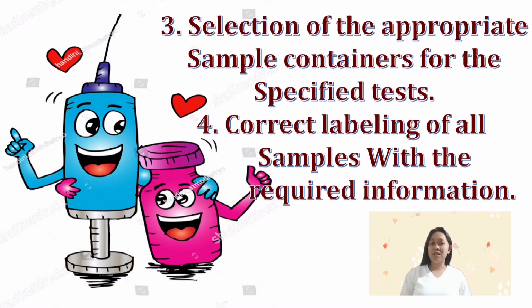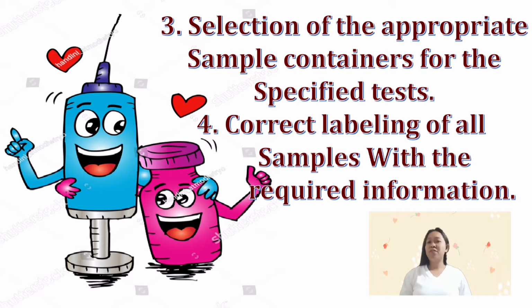So for example, si phlebotomist inutusan na kumuha ng specified test sa 4 na patients, which is si patient A, si patient B, si patient C, at si patient D.